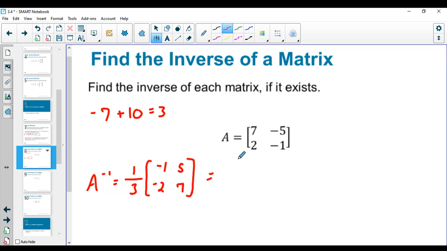And so then your inverse matrix would simply be negative 1/3, negative 2/3, 5/3, and 7/3. And that shouldn't be that bad.